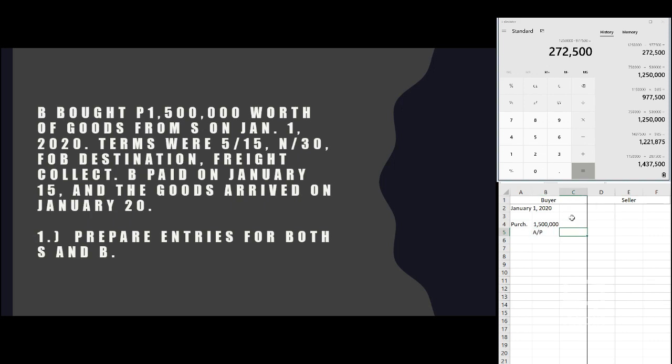Why accounts payable? Because meron tayong terms. Okay, on the other hand, seller will record accounts receivable 1.5 and then credit sales 1.5. Okay, yan. This one is for January 1.